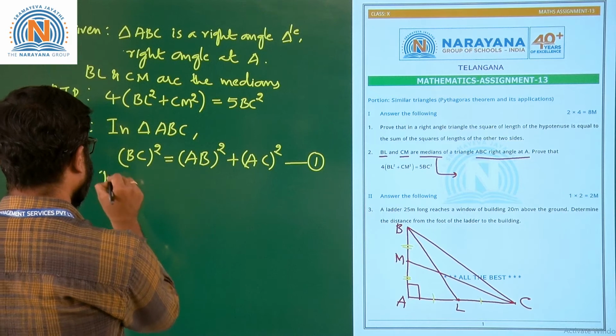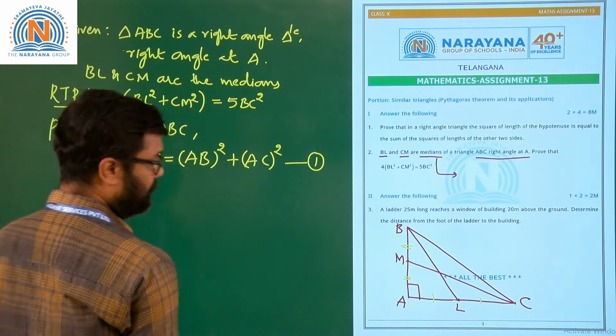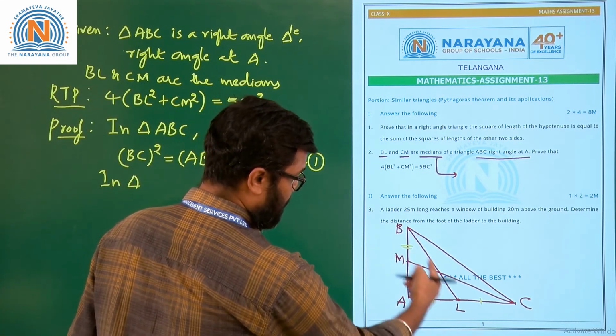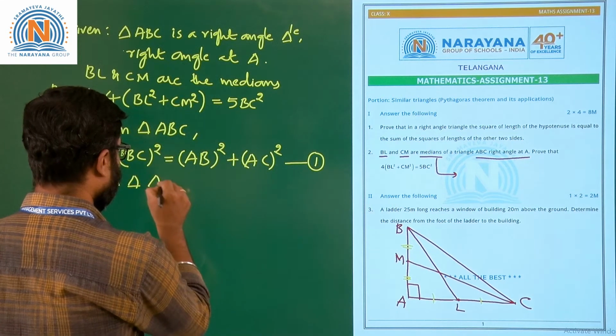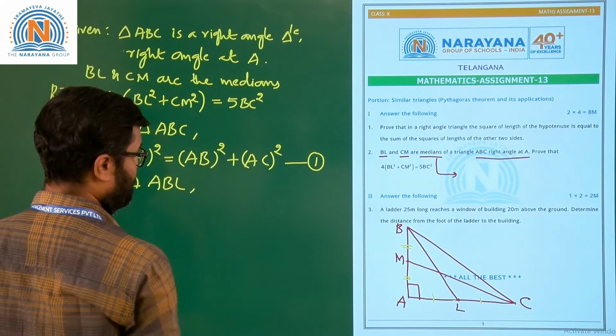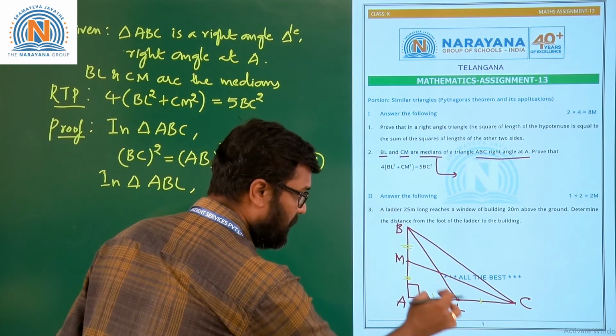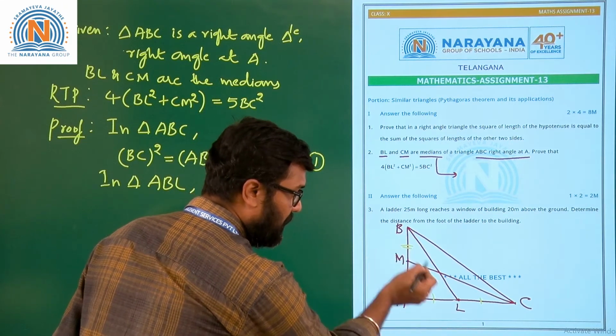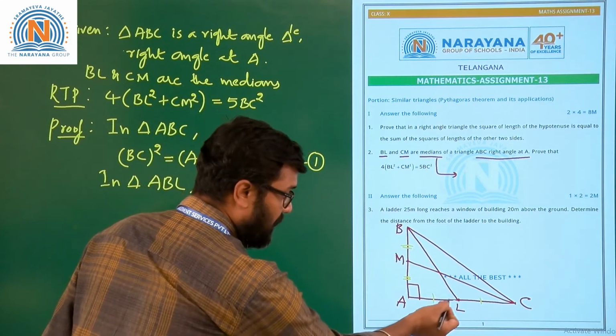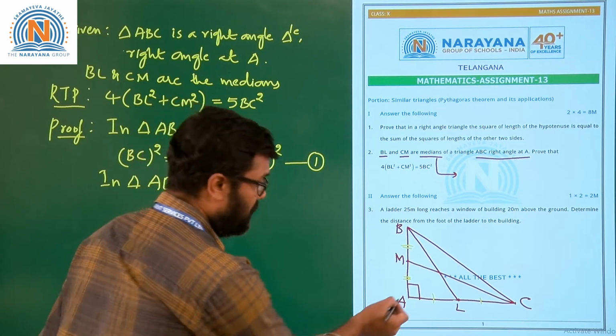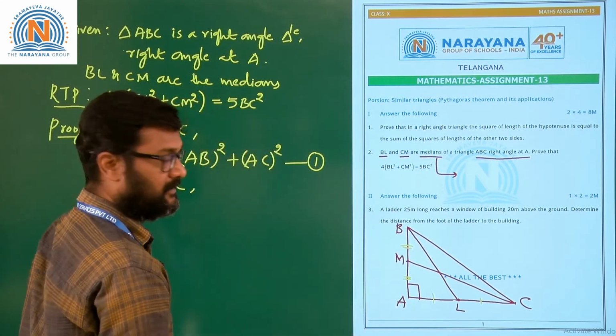Now similarly, take triangle ABL. If you consider this triangle ABL, here BL is the hypotenuse, AL is the base side, and AB is the vertical side, isn't it?